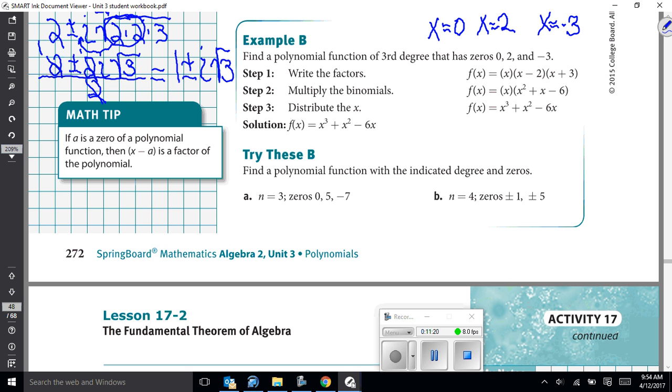So now to get from here to here, what did they do? Instead of x equaling 2, they moved the 2 over, so everything was on one side of the equal sign. Are we okay with this first step?